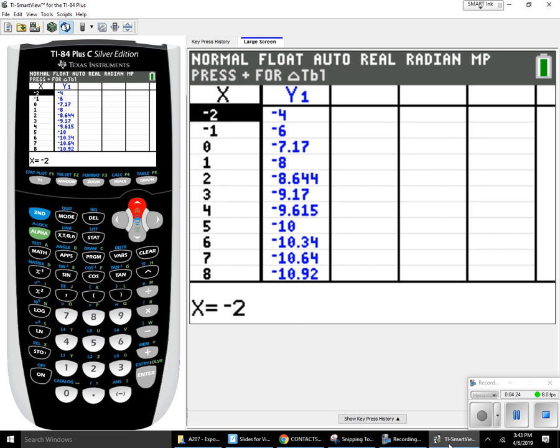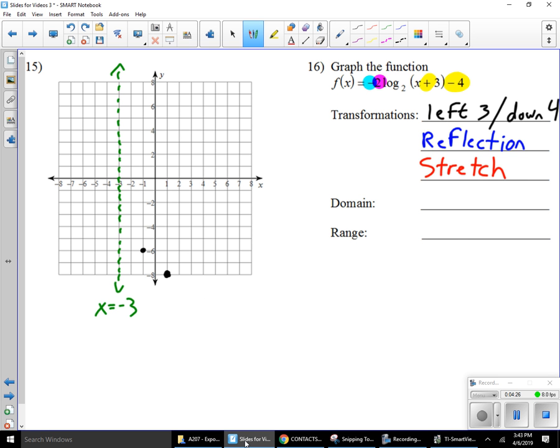And I also get negative 2, negative 4. So this graph is going to look a bit interesting. Remember, I'm not allowed to cross the asymptote. So the logarithm here is going to hug that asymptote and then run away briefly to get those 3 points. And that's it. Man, that looks weird compared to this one.